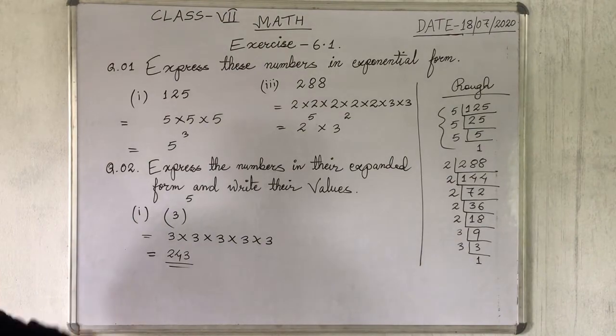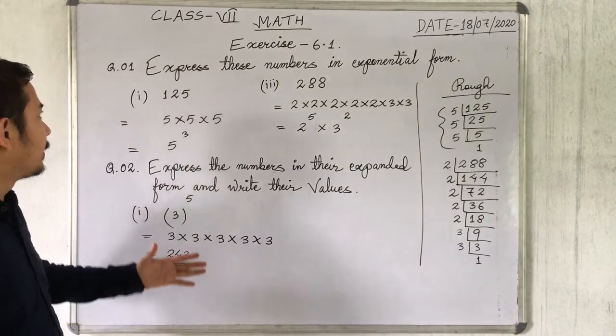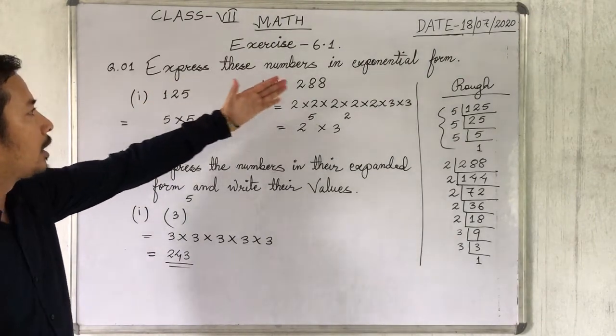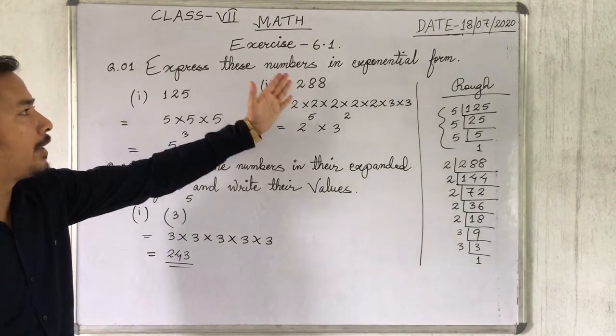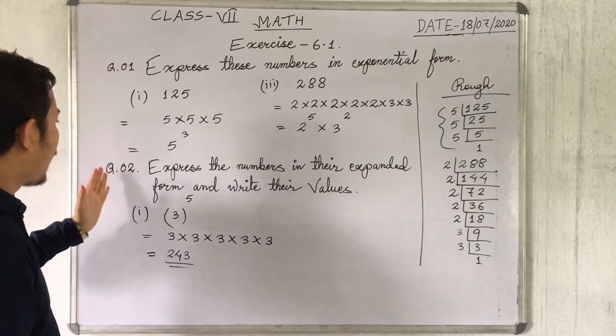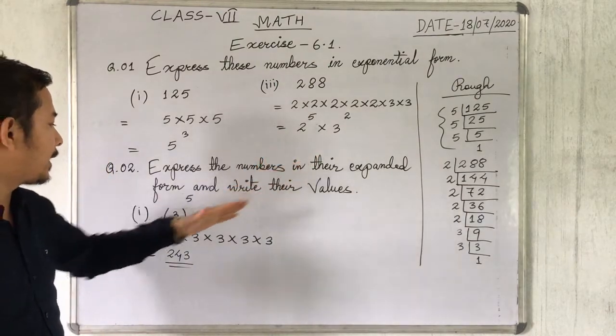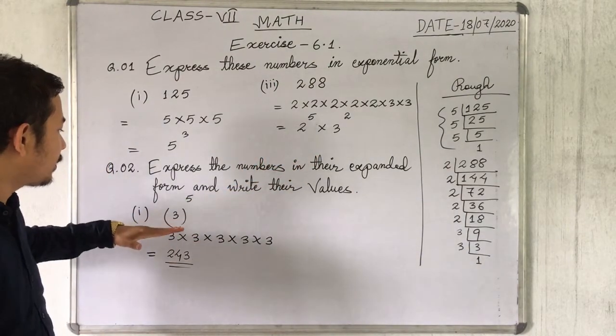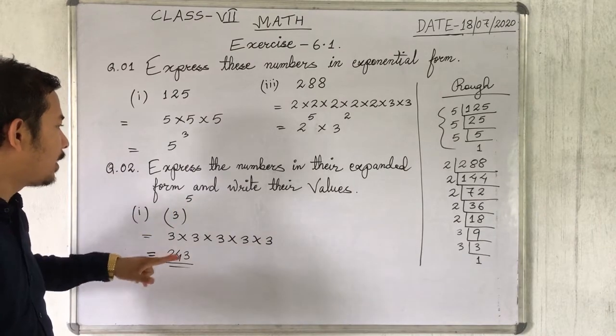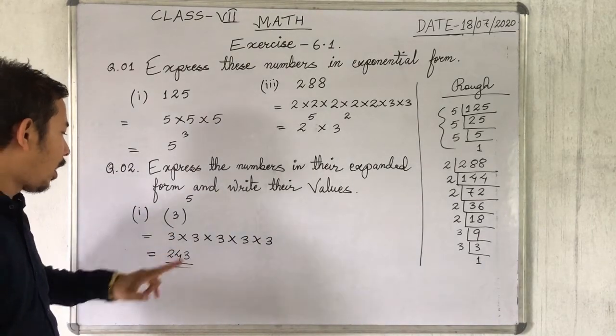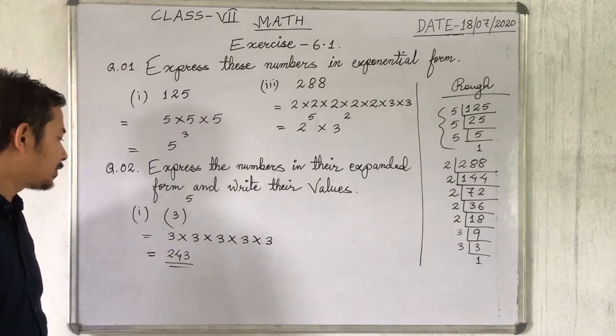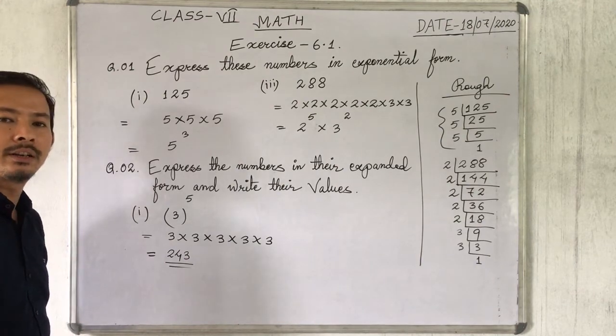So this is the solution of number 1. This question is also very easy. In number 1 we found the exponential form, and in number 2 we expanded these numbers 3 whole to the power 5, and thereafter we have got the value of this number, 243. Understood?